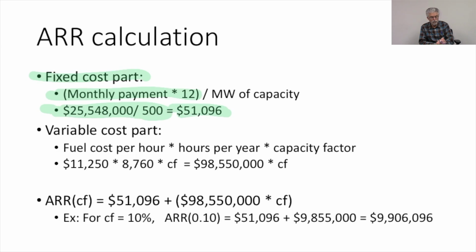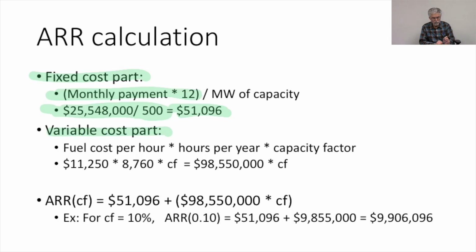This plant has to earn $51,000 a year for each of the 500 megawatts of capacity in order for it to be worth running. So its fixed earnings per unit of capacity that it has to make in order to make it worth running is $51,000.